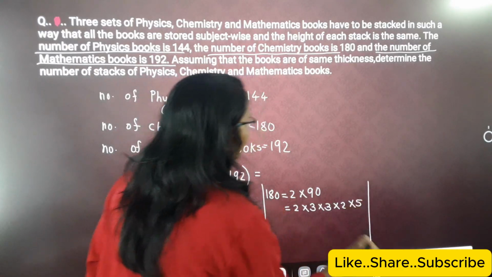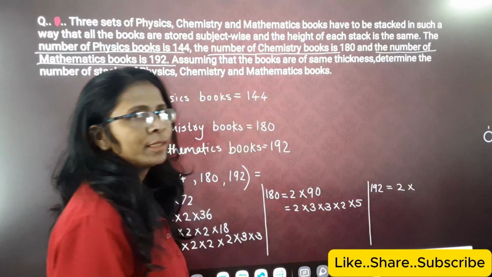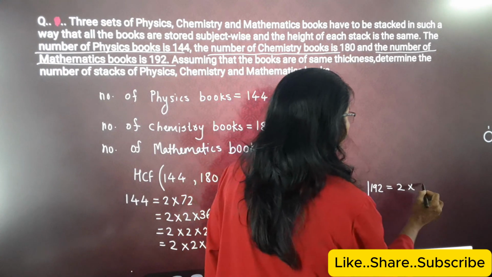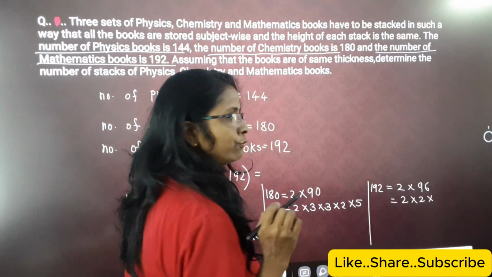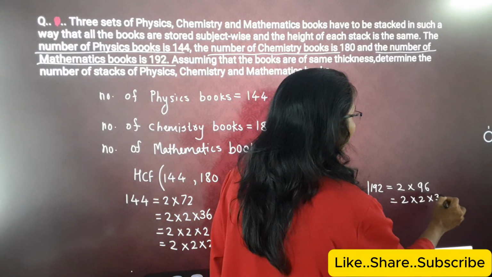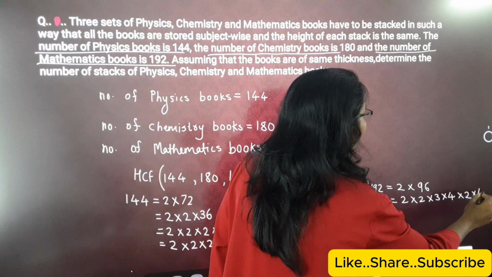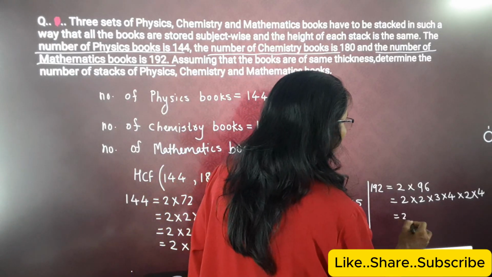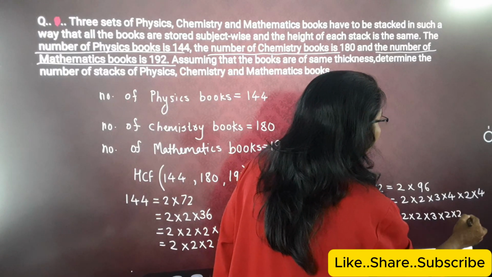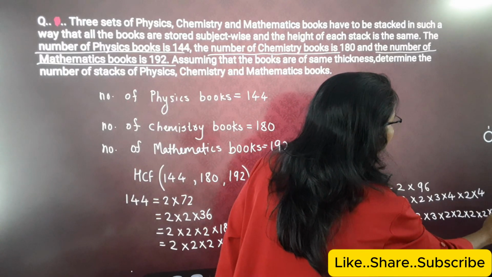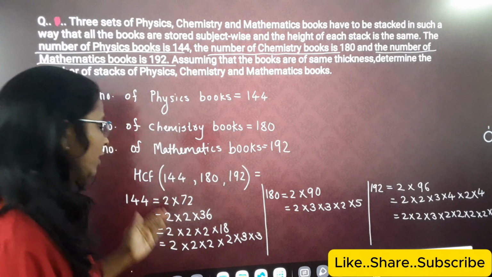Now the next one, 192. The prime factorization of this number: 192 is 2 multiply 96, then 48. So these are the factors. So these are the prime factorizations of 192, 180 and 144.